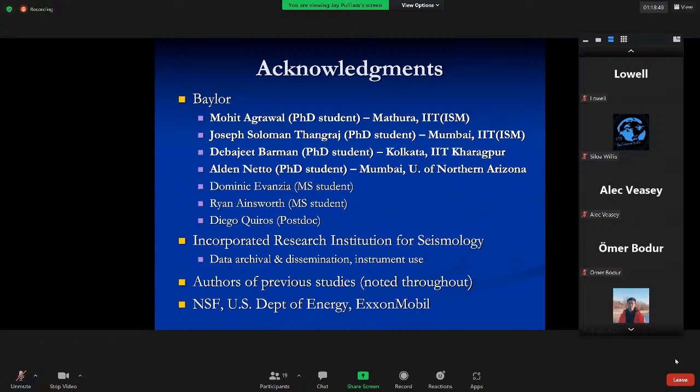So, do you have any ideas or comments to integrate your seismic interferometry method with machine learning techniques?